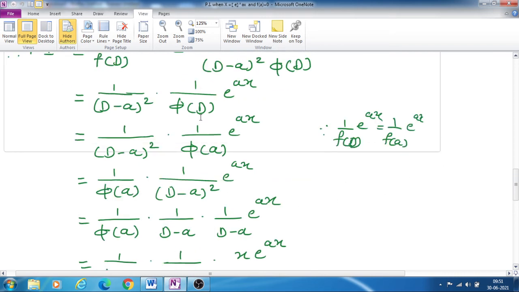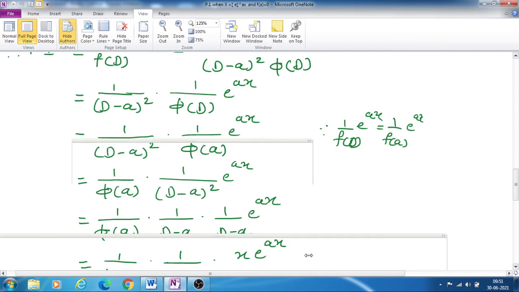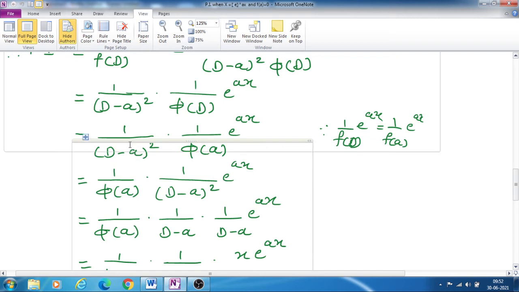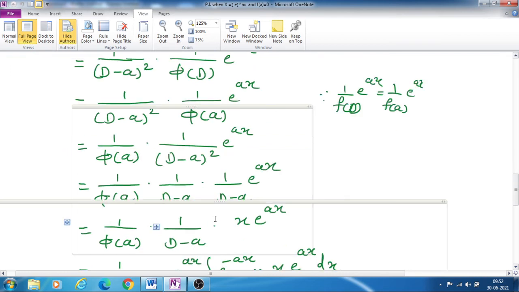Therefore this 1 upon phi(D) e raised to ax becomes 1 upon phi(a) e raised to ax. So this is equal to, now 1 upon phi(a) is a constant number, we can write outside 1 upon phi(a) into, now we operate 1 upon (D minus a) squared into e raised to ax.